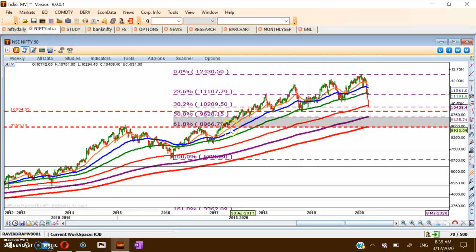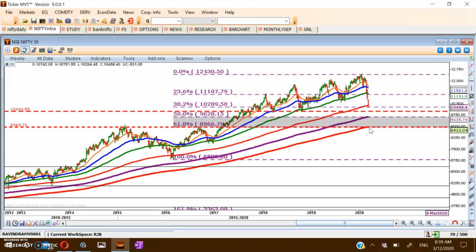So this breakout had happened, and this level acted as a strong resistance, which after breaching needs to be retested as a support, and that is what may happen. So I'm expecting that if the market continues further and wants to hold, then this level will be a strong support level, that is 8,966, which is a very big fall.